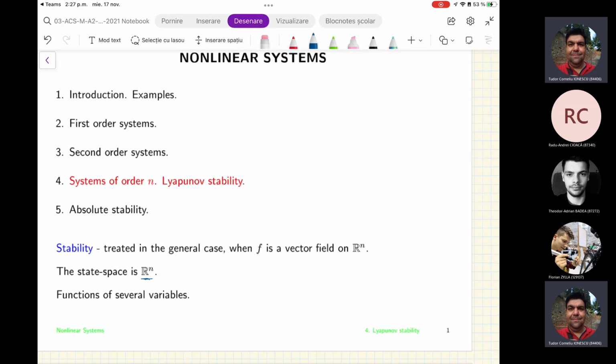But we can have some very important theoretical results. And these theoretical results are encompassed by what is called Lyapunov stability theory. We are going to make a very nice link to what we discussed in the previous chapter, okay?